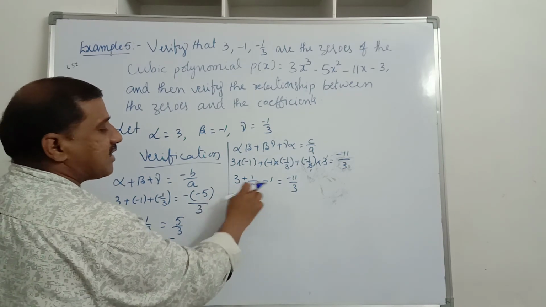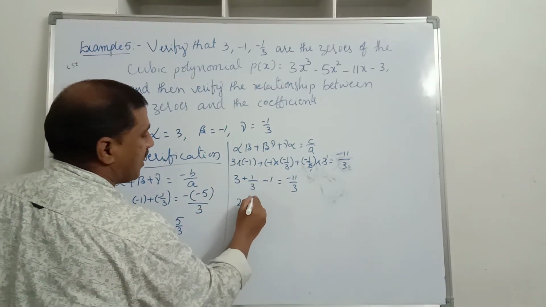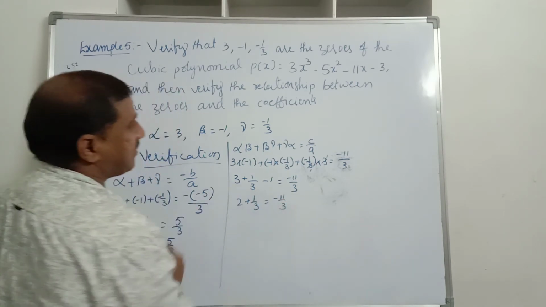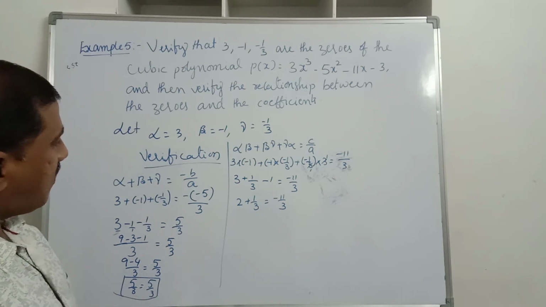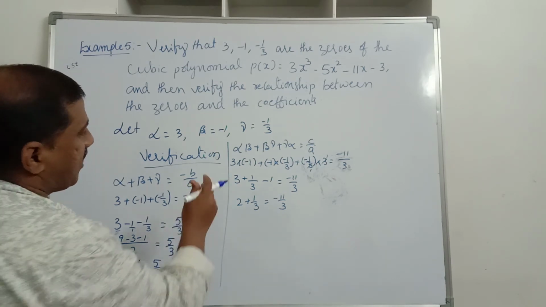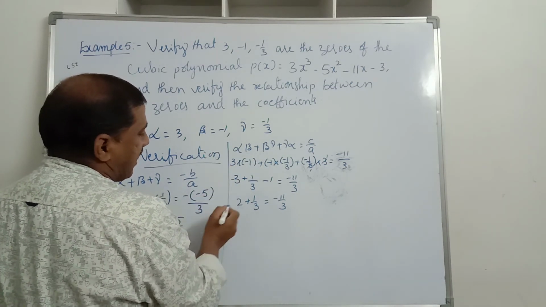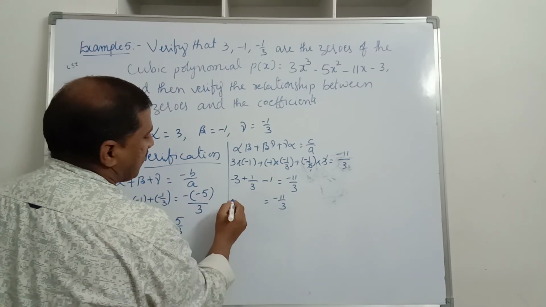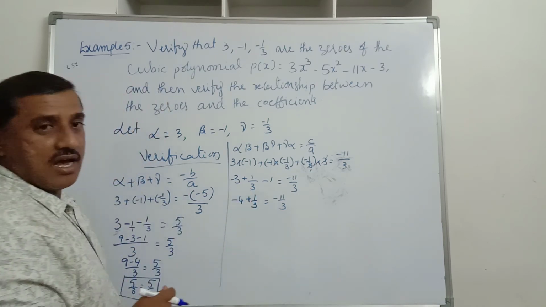Now minus 3 minus 1 is equal to minus 4, plus 1 by 3 plus 1 by 3.